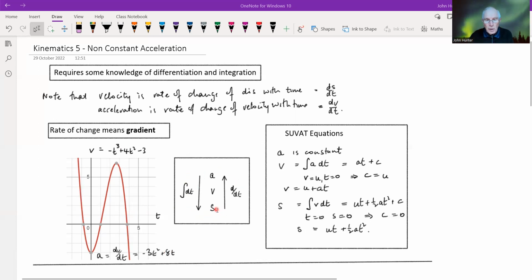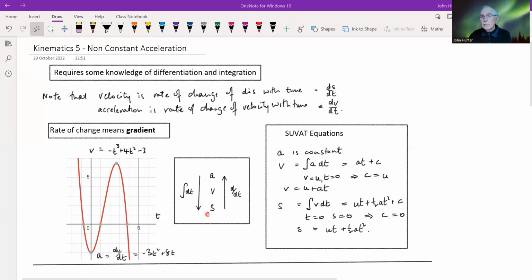If we want to go from displacement function to velocity function, then we find the derivative, the gradient function. And then from velocity function to acceleration function, same again. If we want to come the other way, then we have to integrate as we go this way.